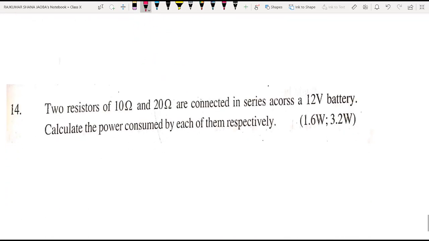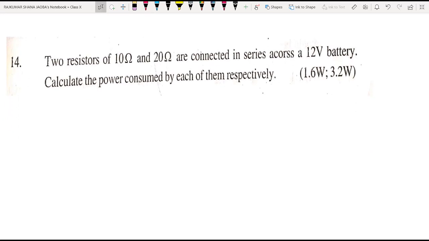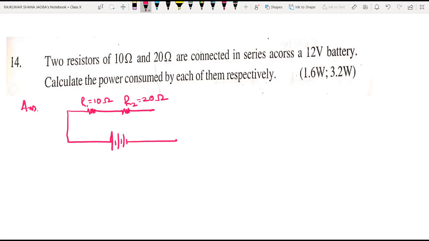Now next question is: two resistors of 10 ohms and 20 ohms are connected in series across a 12-volt battery. Calculate the power consumed by each of them respectively. So here resistances are 10 ohms and 20 ohms, and a battery of 12 volts.